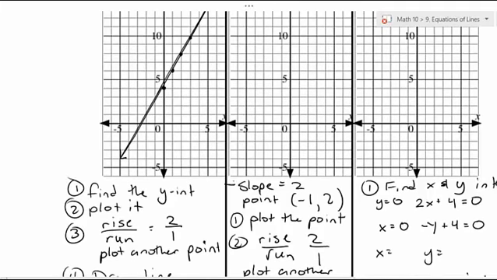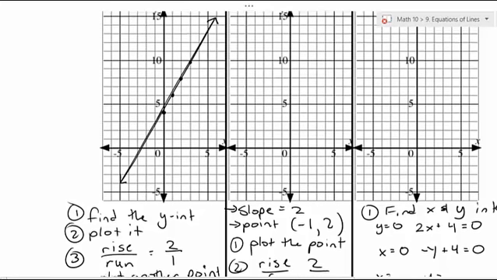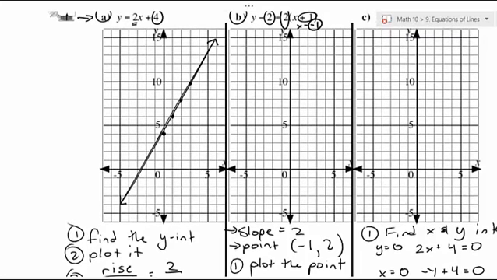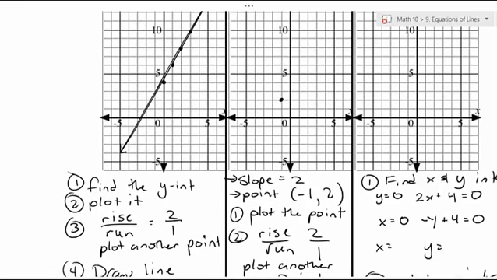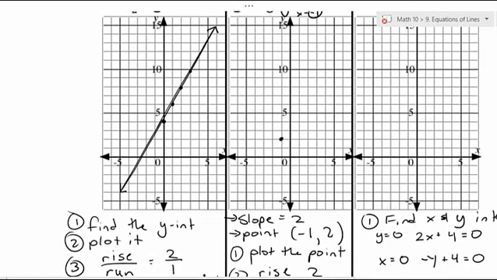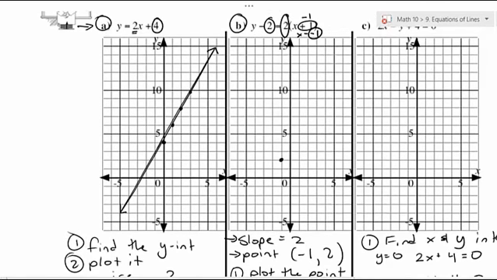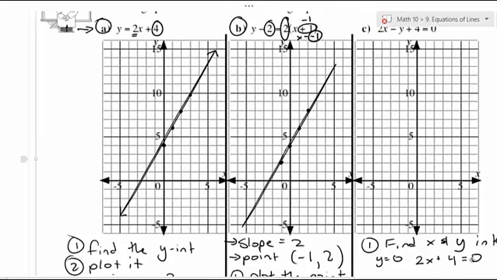So we've got the slope, we've got a point. So what we do is we plot the point. We've got -1, 2. So we plot that point there. And then we've got the slope. So we just do the same thing we've done before. Rise over run. So we go over 1, up 2, over 1, up 2, over 1, up 2. Then we simply draw our line in, and we are done.